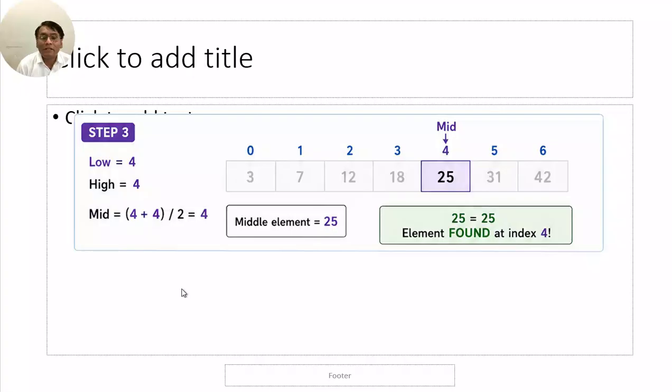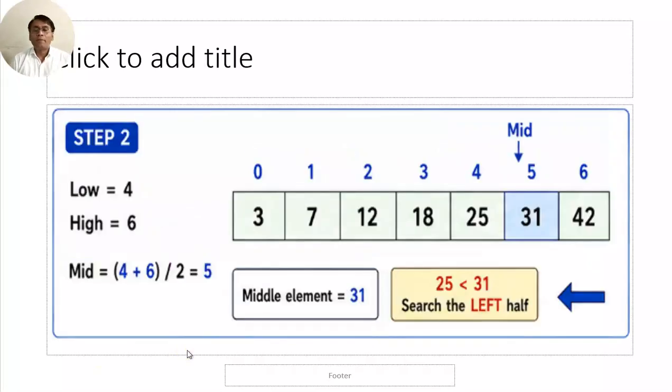The lower bound is 4 and the upper bound is 6, and the mid equals 4 plus 6 divided by 2, that is 5.